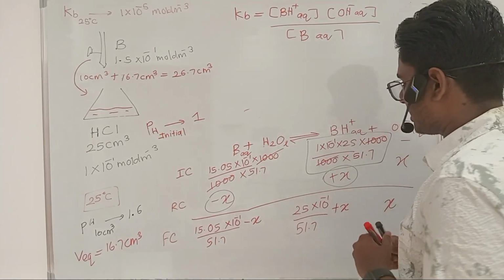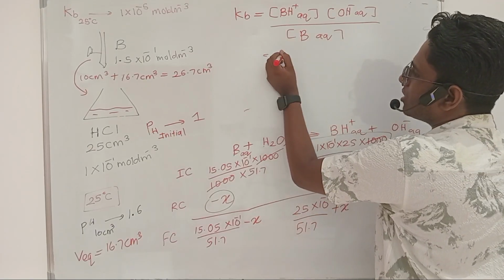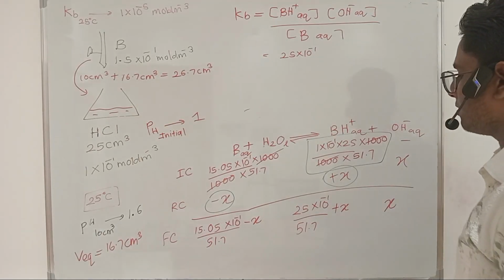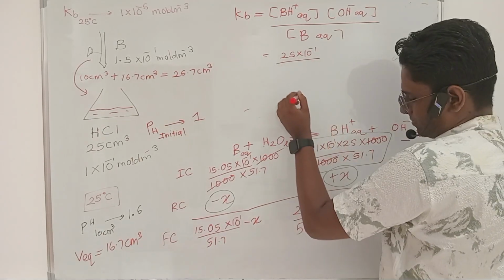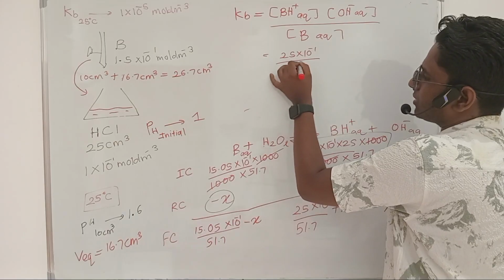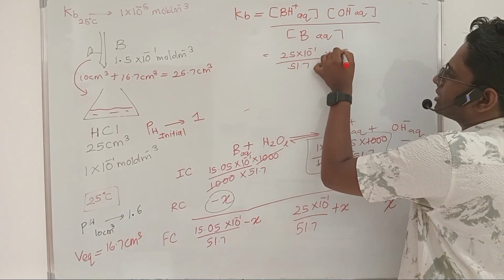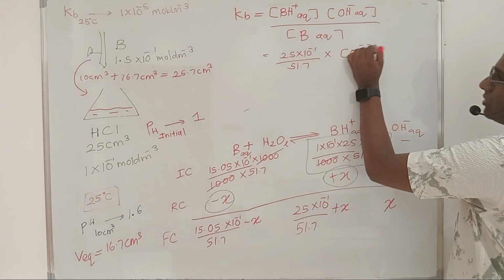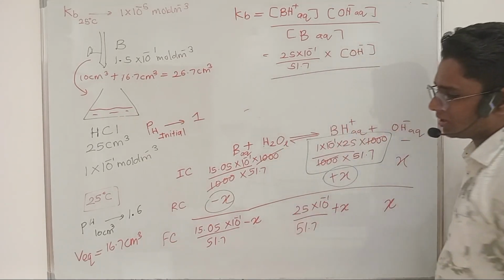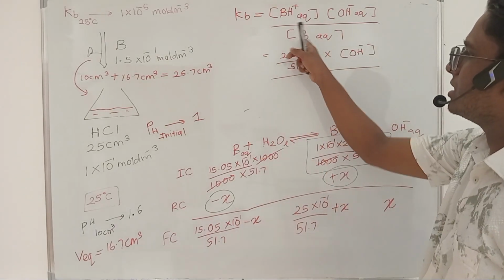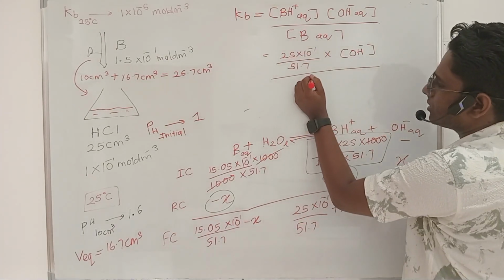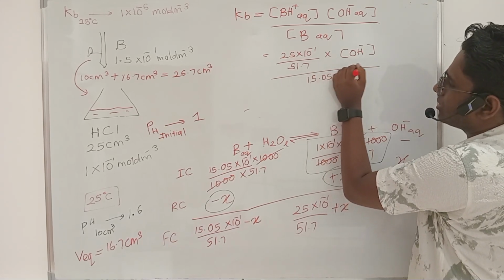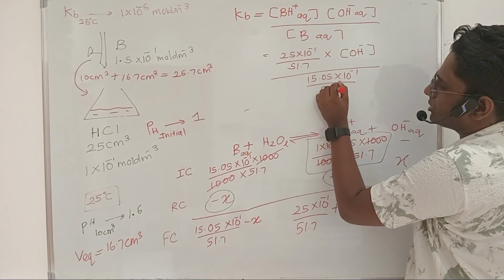So BH plus you can take as 25 into 10 to the power minus 1 divided by 51.7, multiplied by concentration of OH minus, which we don't know, that is X. So we are writing that amount divided by the concentration of B, that is 15.05 into 10 to the power minus 1 divided by 51.7, right?